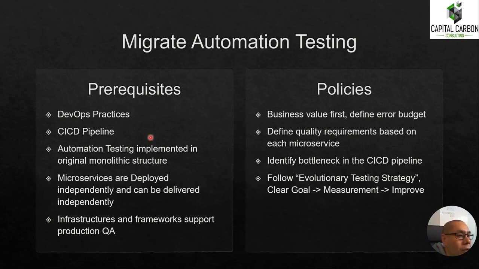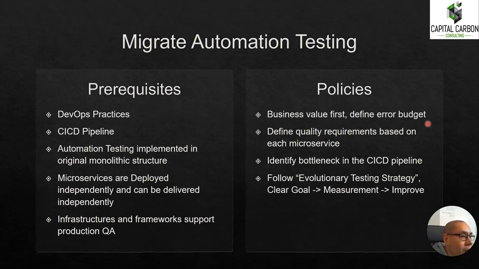Okay, after you have those prerequisites, I provide some policies. So the first policy is business value first. A lot of managers talk to me the first time I meet them. They tell me they need strong technical support for their automation testing. But in fact, that is wrong.